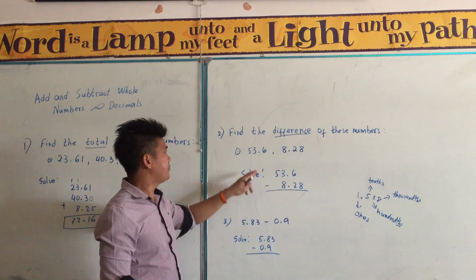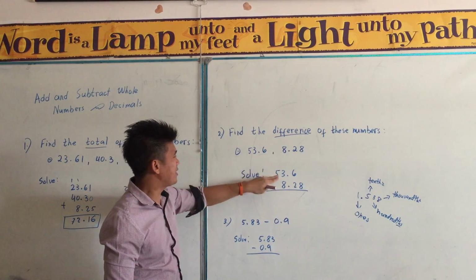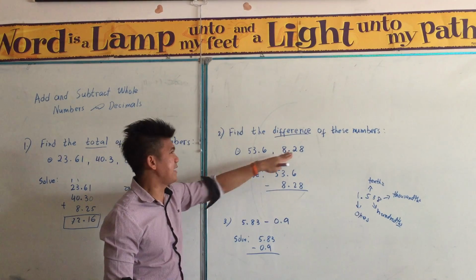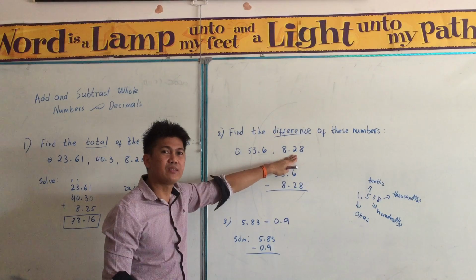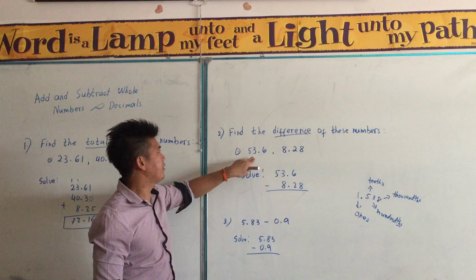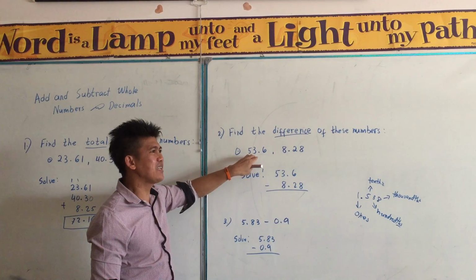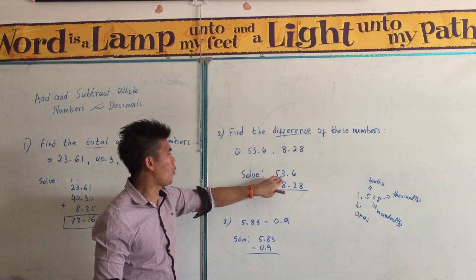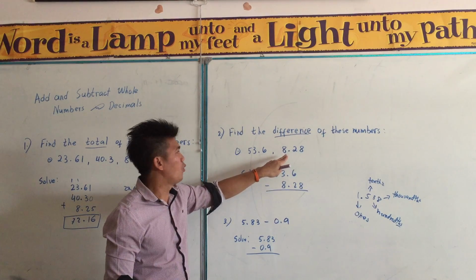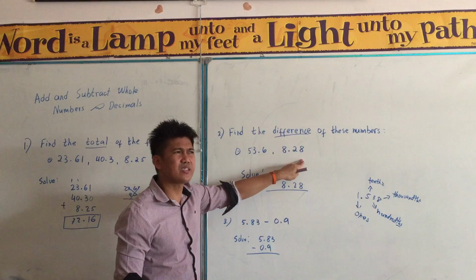Okay? So, remember that. Now, writing this in a vertical way, because this one might be hard and confusing for you. So, let's write first 53.6. Okay? So, notice this, there are three numbers, but the places are different. The places of the first number: we have tens, ones, and tenths. But the second number we have ones, tenths, and hundredths.